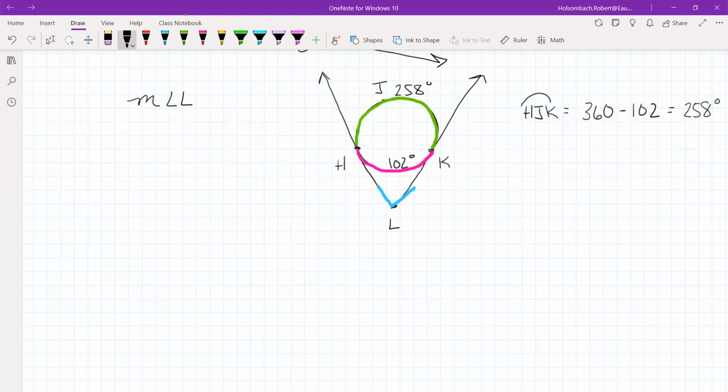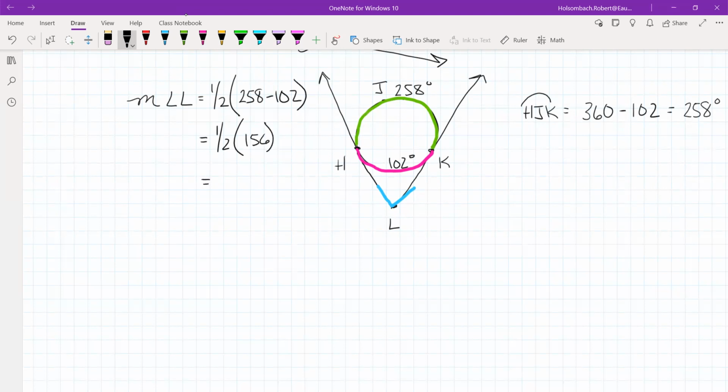So the measure of angle L is equal to 1/2 of 258 minus 102. So that's 1/2 of 156.